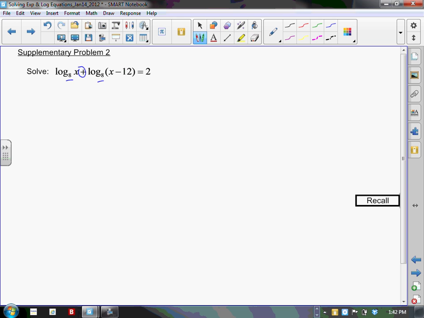So recall that this does allow us to combine those expressions as a single logarithm to the base 8. So you might want to indicate that that was due to a particular property. That is the product property or the product law.